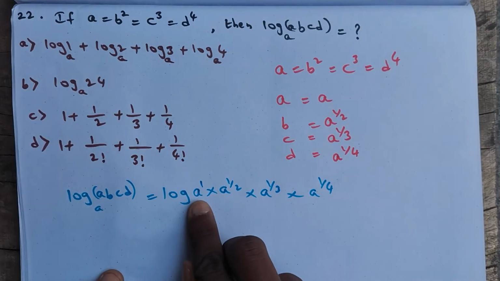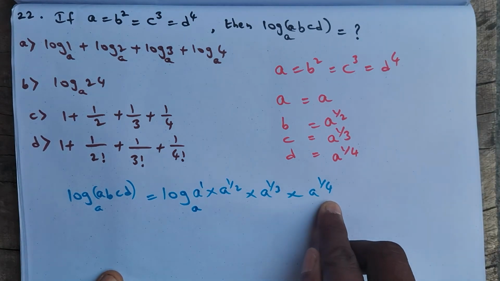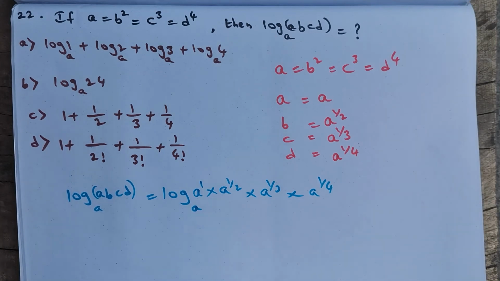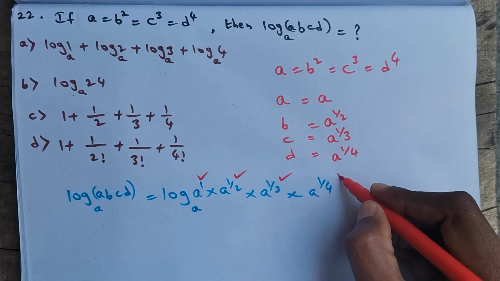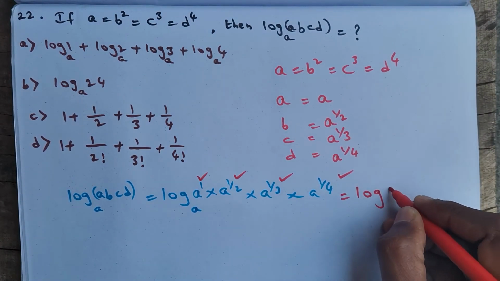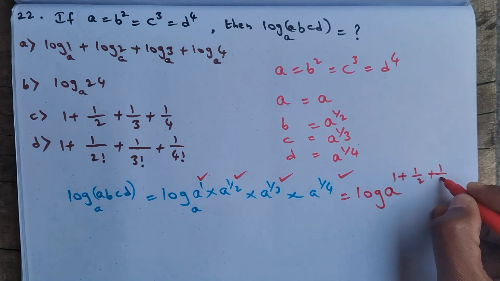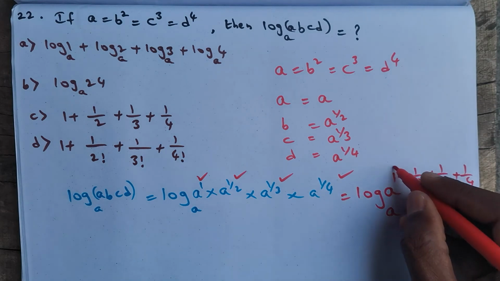Now a power 1 into a power 1 by 2 into a power 1 by 3 into a power 1 by 4. All four bases are the same. If the bases are equal, then the powers should be added. Then we will get log a power (1 plus 1 by 2 plus 1 by 3 plus 1 by 4) with base a.